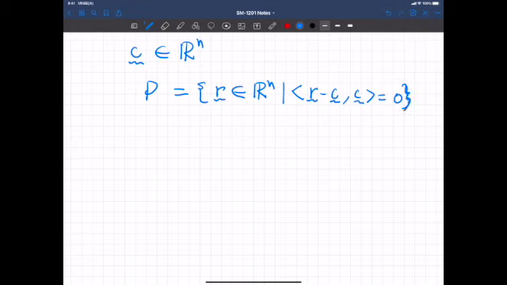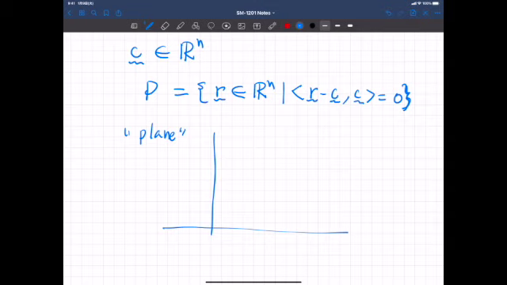So what does this mean? This is the set of points that contains point C and is perpendicular to the vector C. In the case of 2 dimensions, a plane corresponds to a line actually.